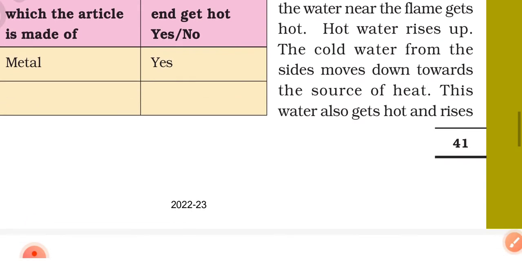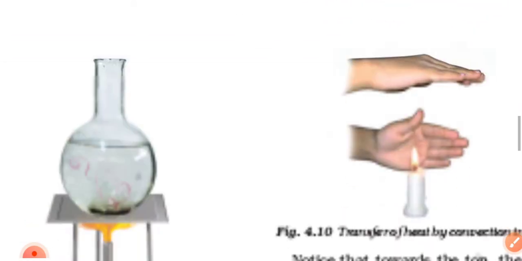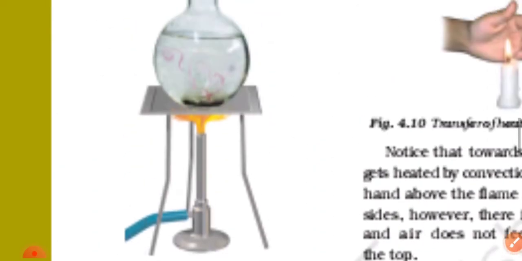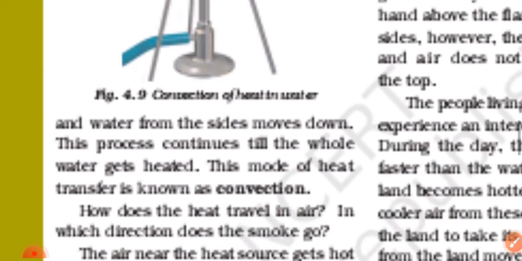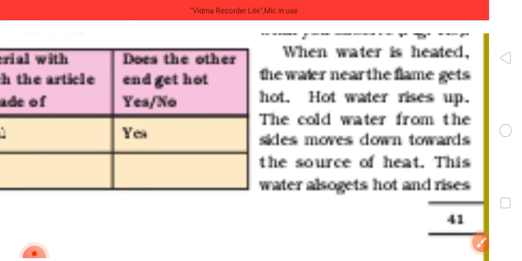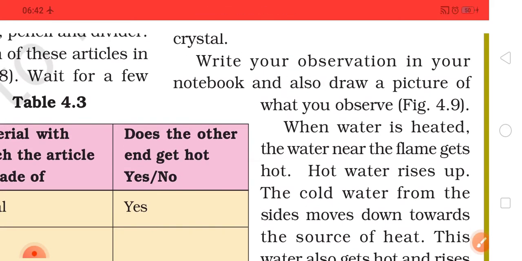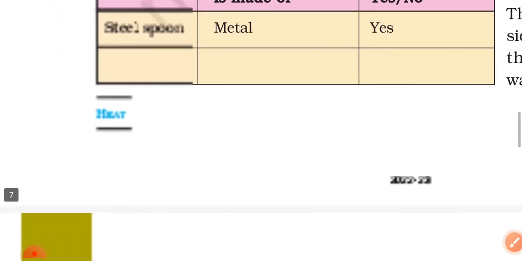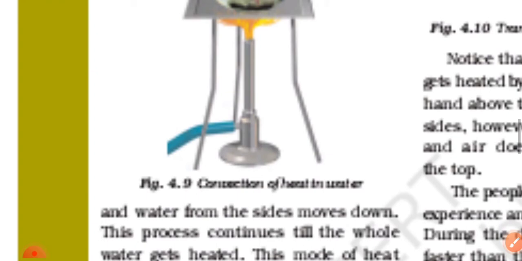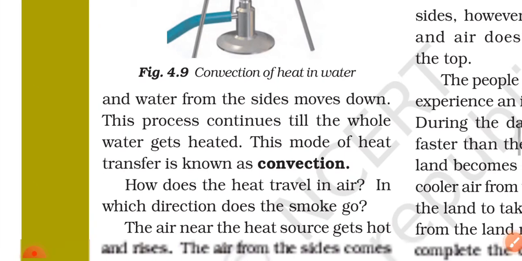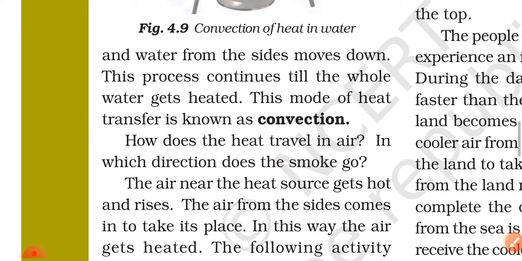This water also gets hot and rises, and water from the side moves down. This process continues till the whole water gets heated. This mode of heat transfer is known as convection.